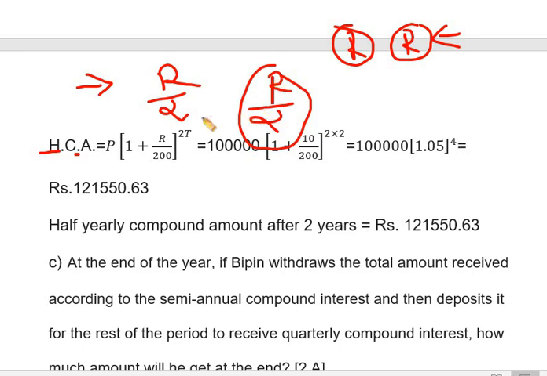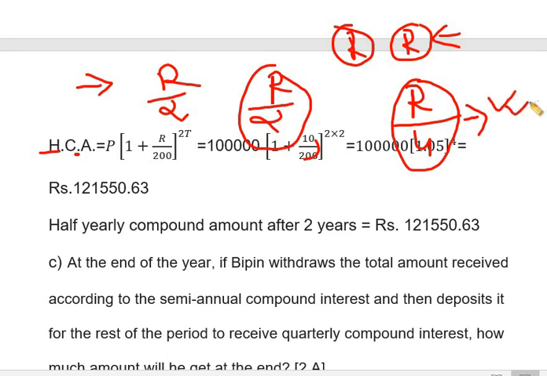It is because now we are going to calculate the interest at the period of 6 months. So R by 2. In the case of quarterly, we are going to calculate the interest at the period of 3 months. In 1 year, there are 4 quarters of 3 months. So in the case of quarterly compound interest, R should be divided by 4, because we are going to calculate the compound interest at the period of 3 months.